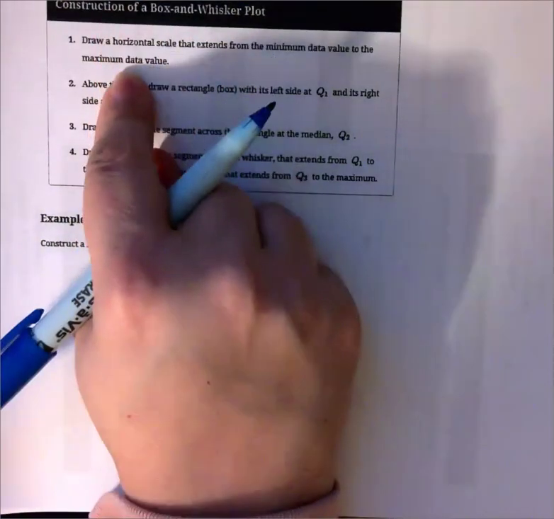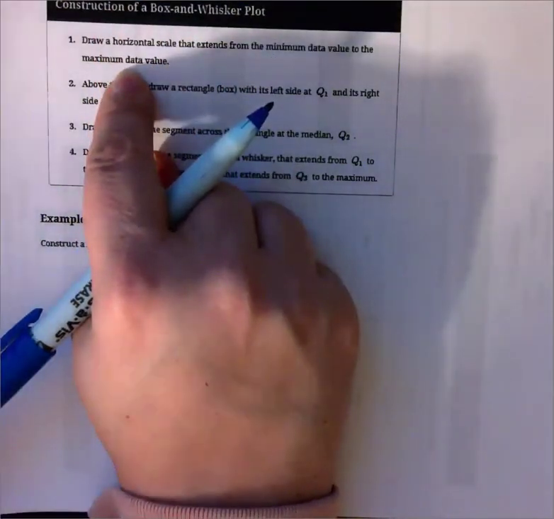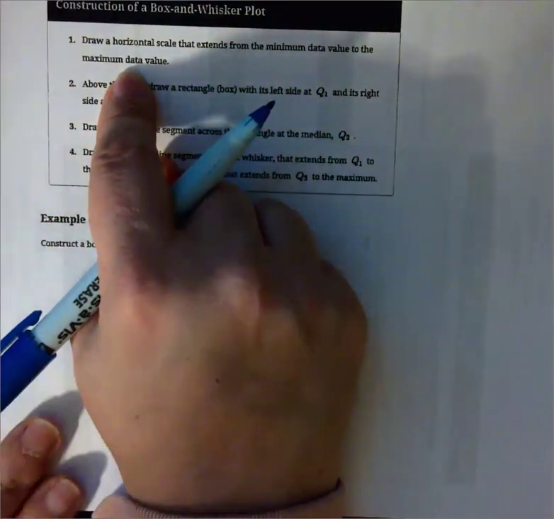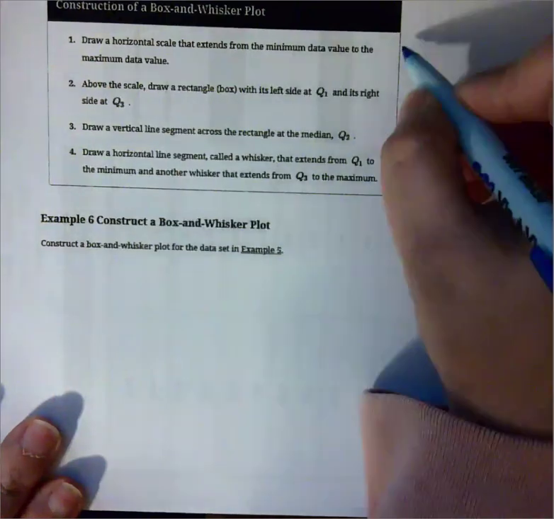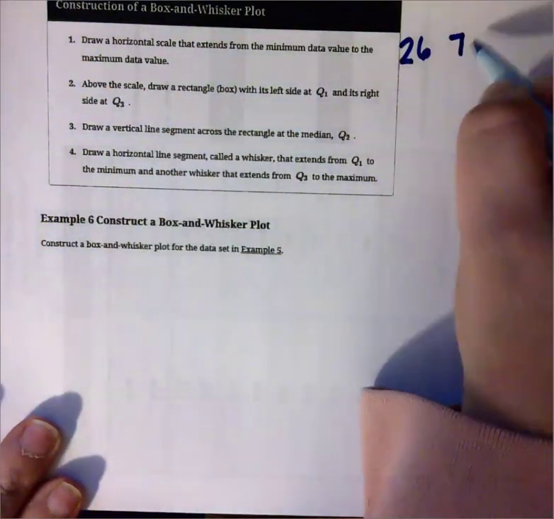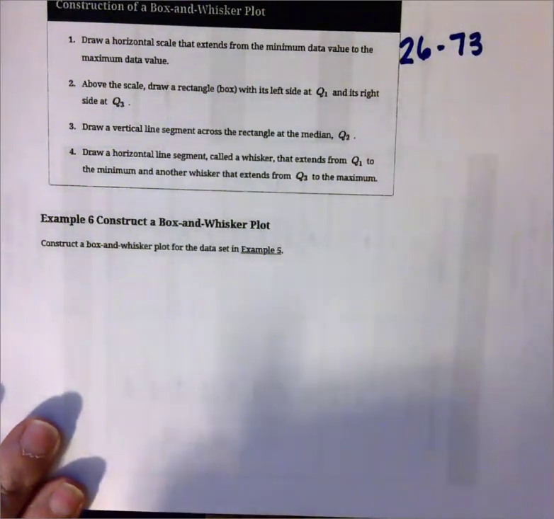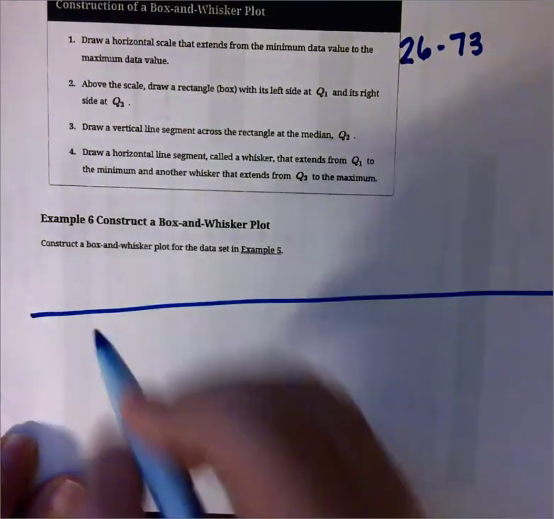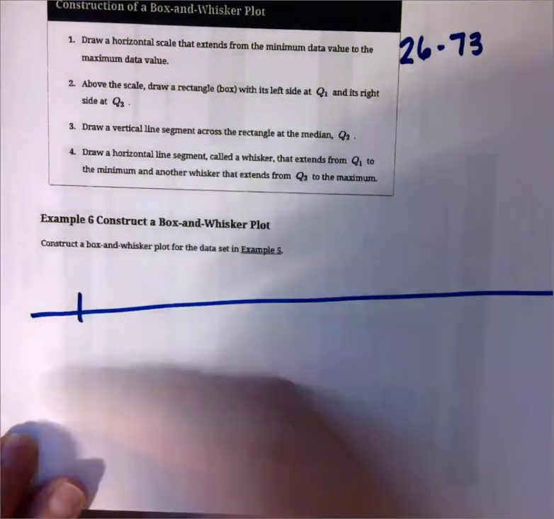And our steps are as follows. Draw a horizontal scale that extends from the minimum to the maximum. Well, our smallest value was 26, and our largest was 73. So when I draw my line, I need to cover all of that.